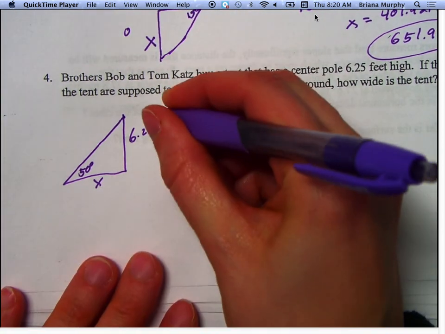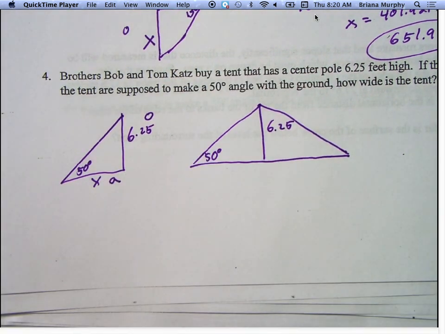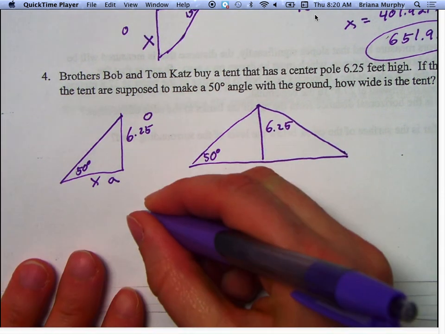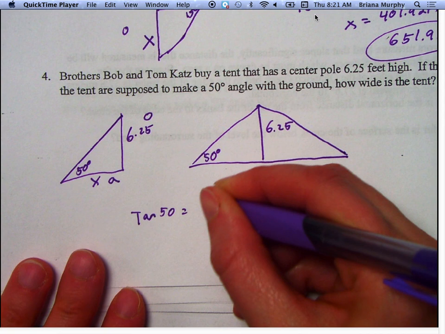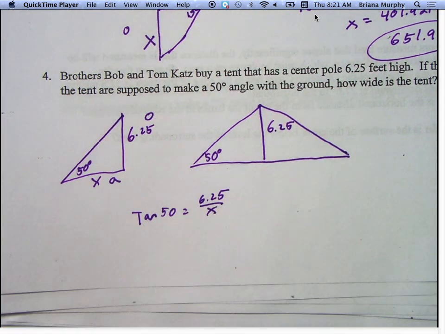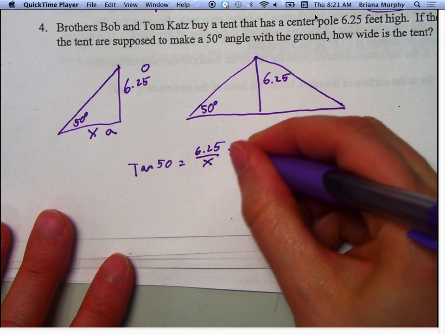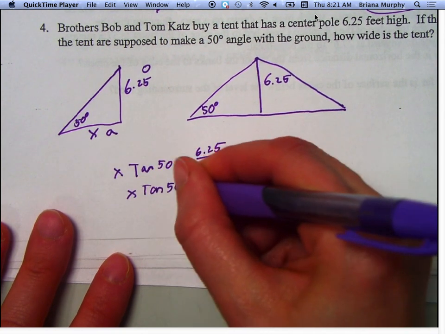So this is my opposite. This is my adjacent. So I know I'm going to use what? Sine, cosine, or tangent? Tan. So the tan of 50 equals opposite, 6.25, over adjacent, x. When I have x on the bottom, I have to multiply both sides by x. x tan 50 equals 6.25.